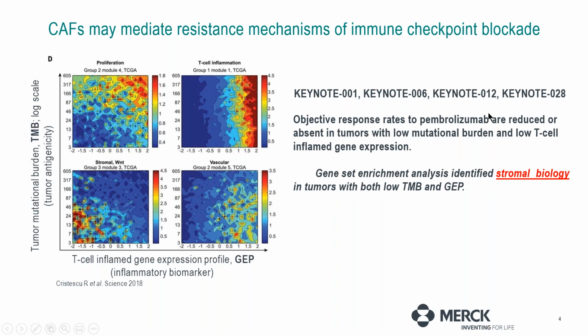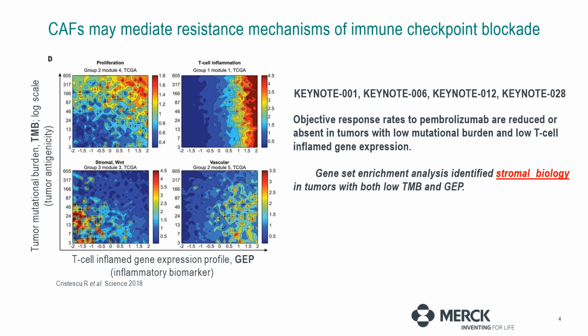You can clearly see that those non-responders to pembro are localized in patients with low mutational burden, as well as low T-cell inflamed gene signature. And more interesting is that the gene signature enriched in those patients is related to stroma biology and CAFs.